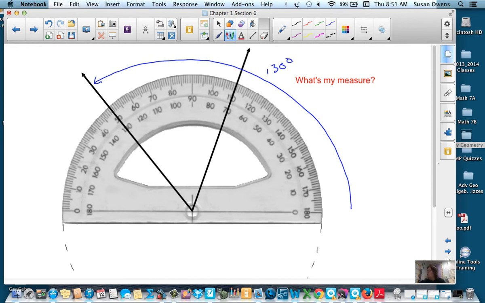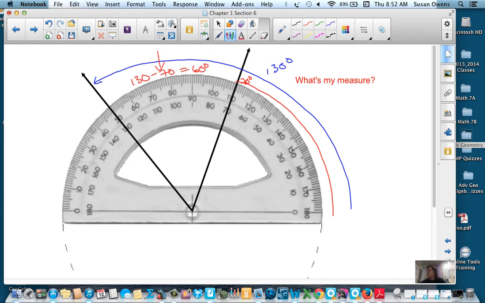And you can also find the measure from 0 all the way to the second side, and that's 70 degrees. And then to find the measure of the angle in between them, you just subtract them. So this angle is going to be 130 minus 70, which is 60 degrees.